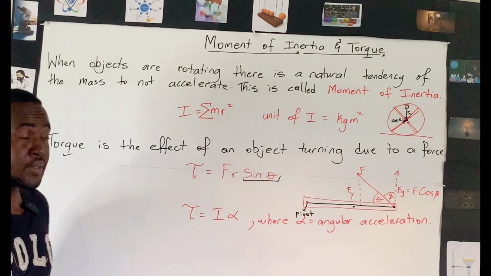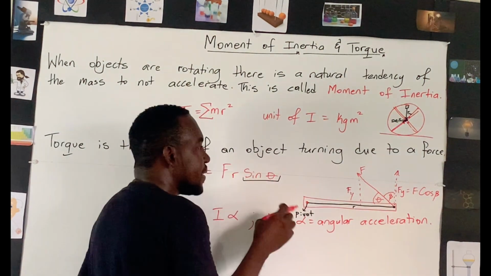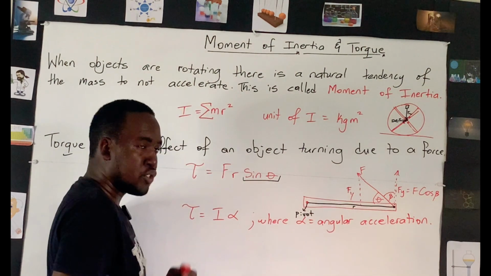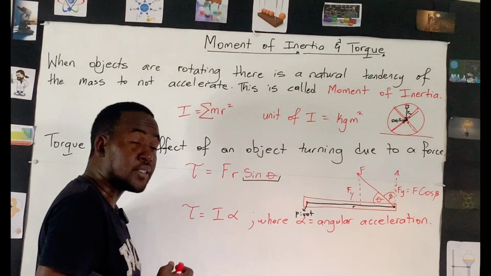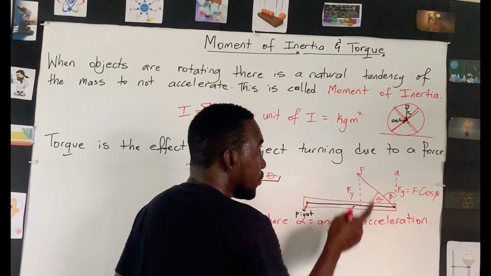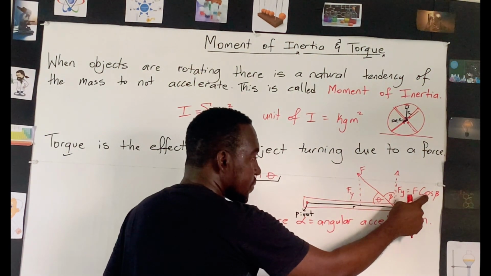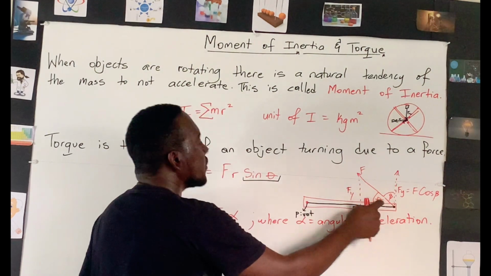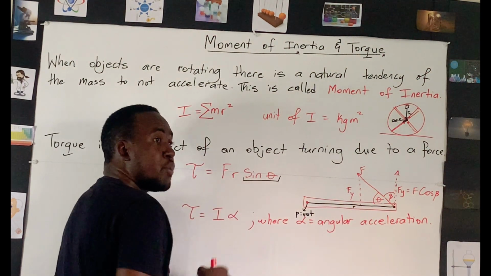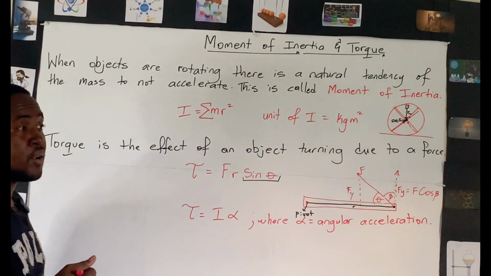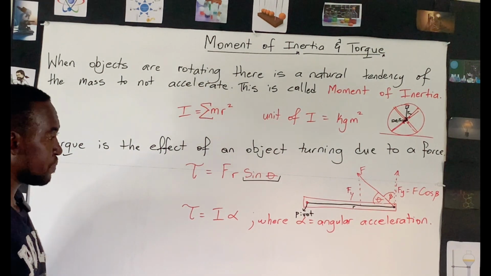So please note, this formula can change based on the angle that you have. So you have to look in terms of the angle to ensure that if you have this angle beta, you use cos, or if you have this angle, you use sine, right? But you have to key in on what it is.